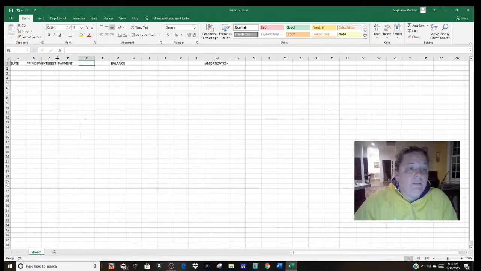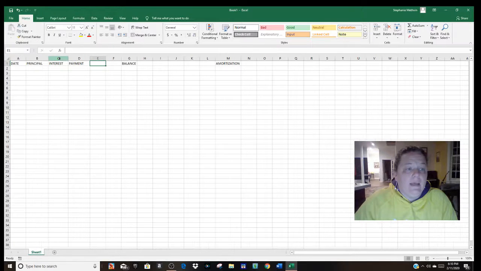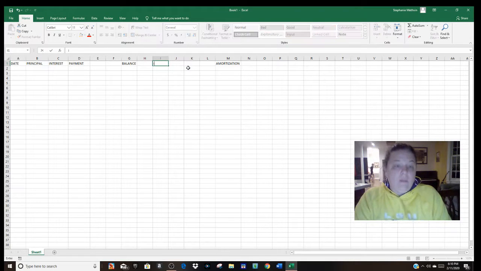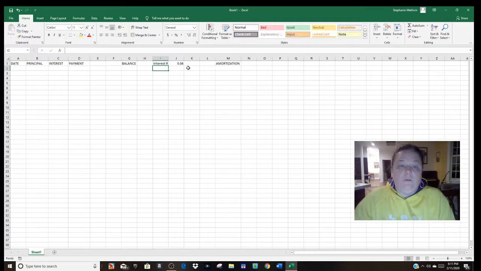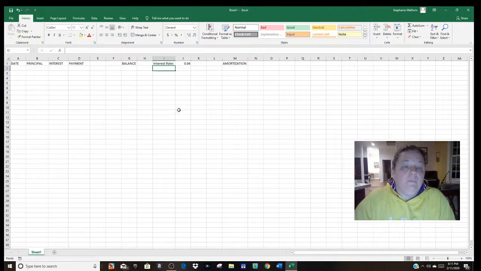I'm going to widen each of these. We talked about that in class, how to widen these and how to make them taller if you want. You just drag these in the middle. But we're going to do it differently today than what we did in class. I'm going to have the interest rate over here on the side, and I'll put 0.04. Okay, I'm going to underline this whole thing right here using this bottom border.